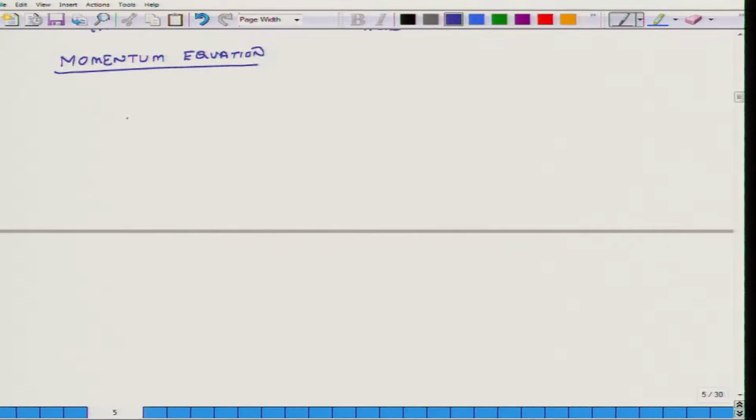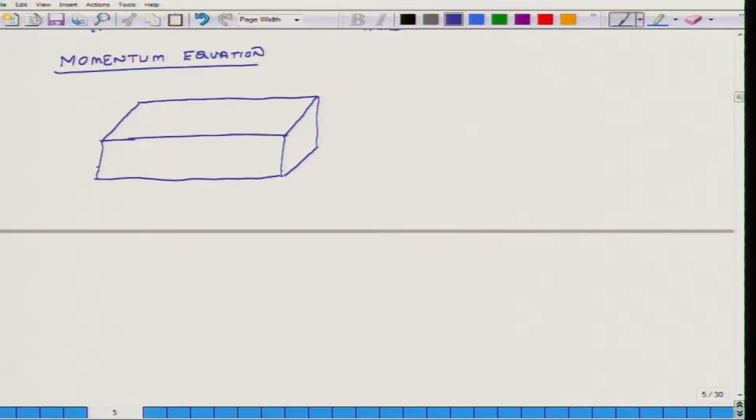So, consider a finite volume of gas, and let us say this is my x axis, this is my y axis, this is the z axis.